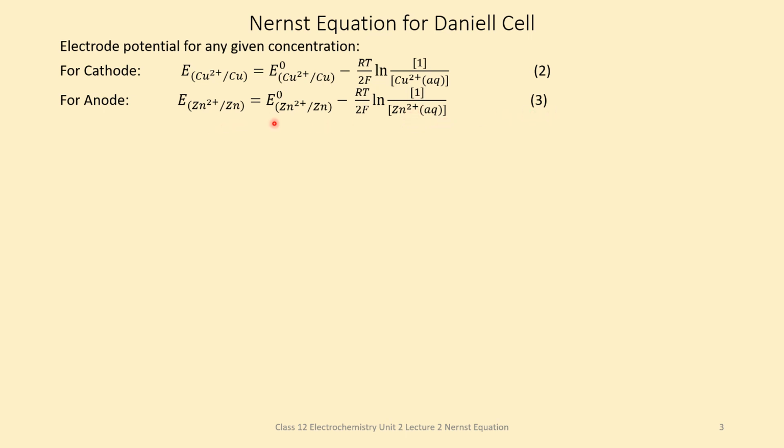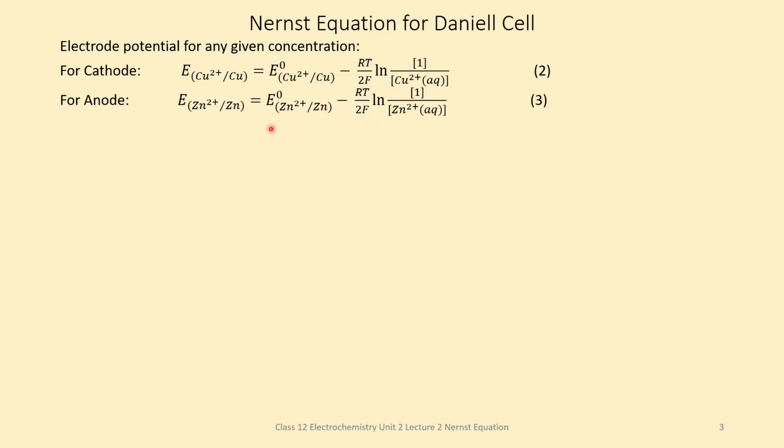On the anode side also there is pure zinc. Hence, the concentration of pure Zn is 1. Hence, the value of M is 1 here also. And there are 2 electrons taking part in the reaction. Hence, the value of N here on the anode side is also 2.